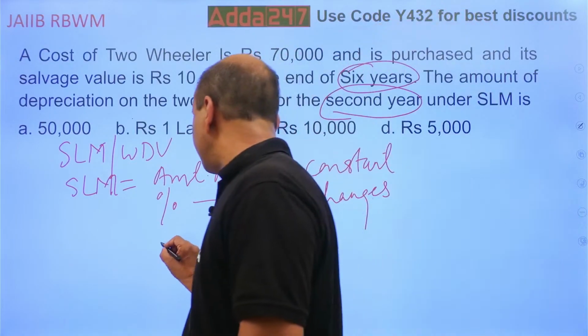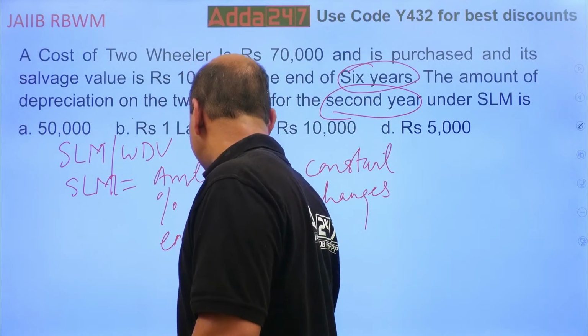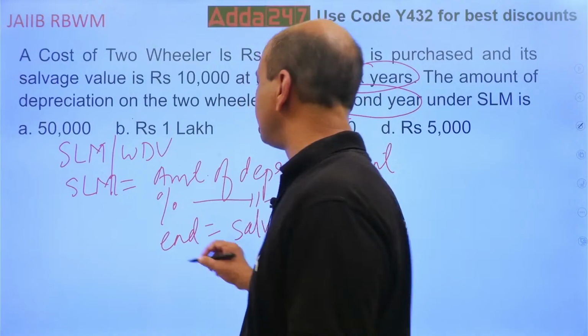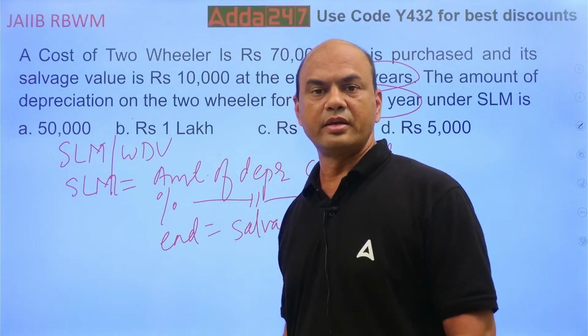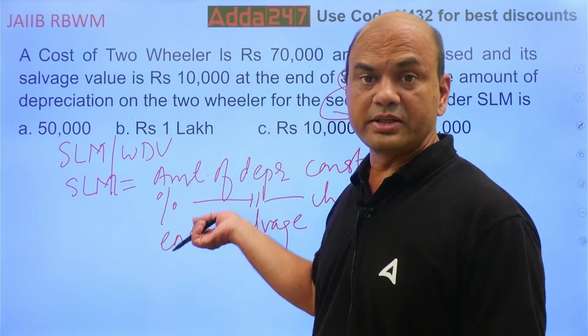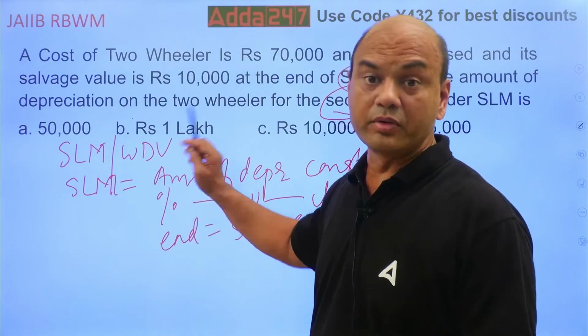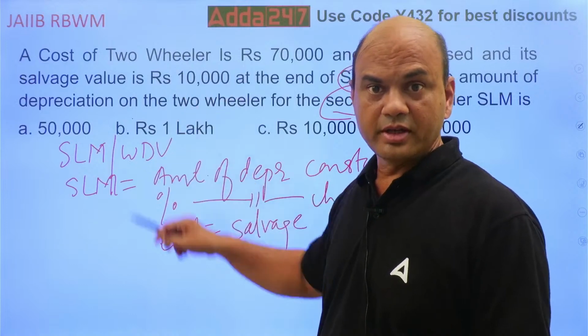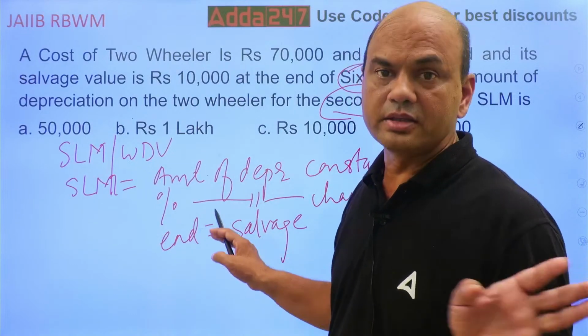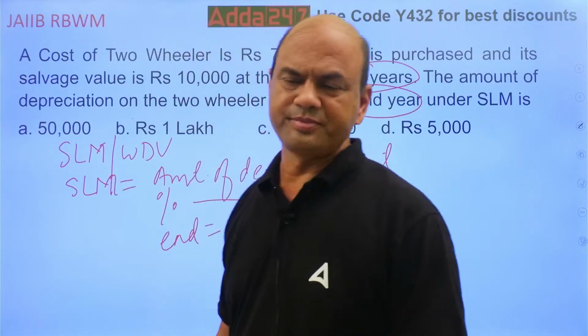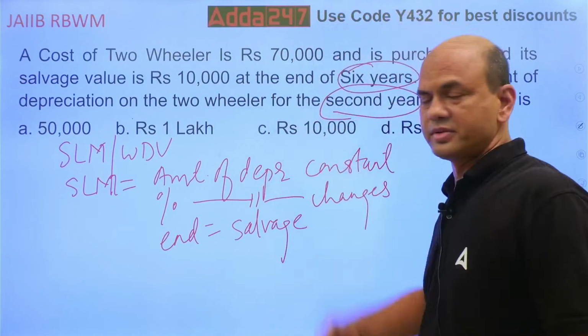End value is equal to salvage value. You must always get salvage value in the SLM method. In WDV it's totally different. Percentage is constant, amount is different in WDV. Salvage value has no meaning in WDV. It will never match.